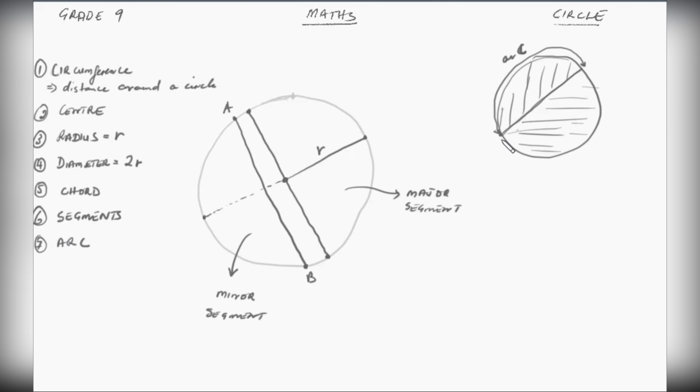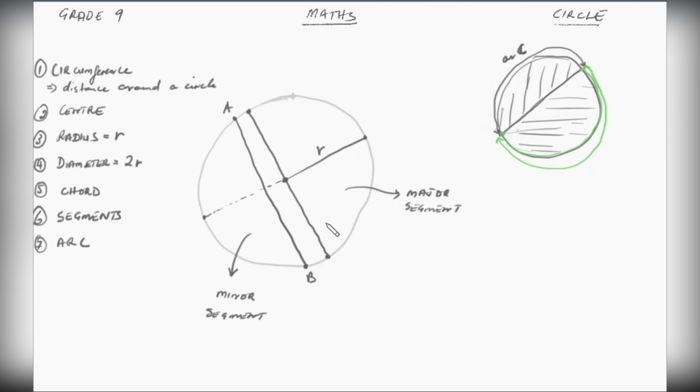The arc is actually this, from this end of the chord to this end. So around this fraction of the circumference is called the arc. So an arc is a fraction of the circumference, okay?